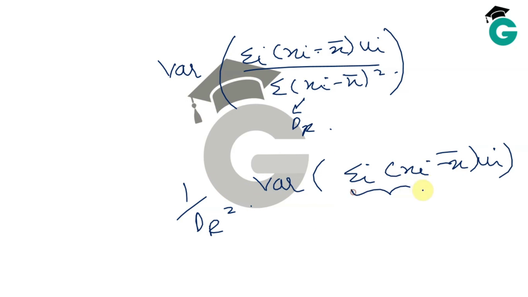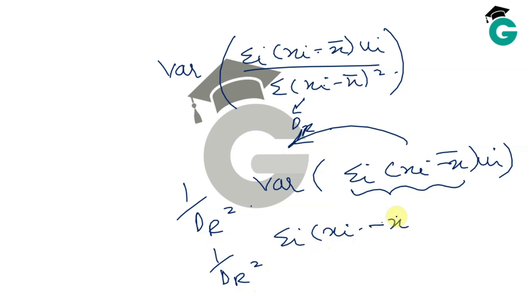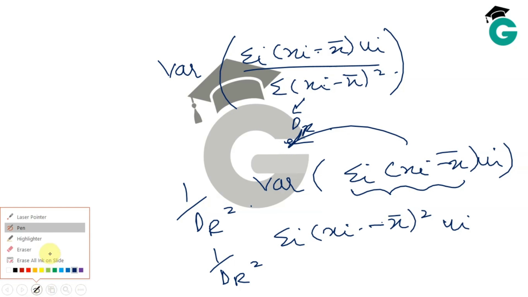This again, because this is a constant, I can in fact take out and say 1 over denominator squared summation i xi minus x bar squared, and then I will say ui. I'm sorry, let me just correct this error here.